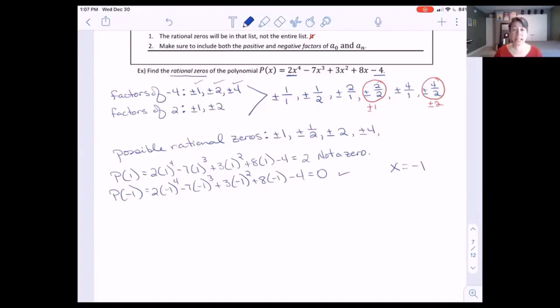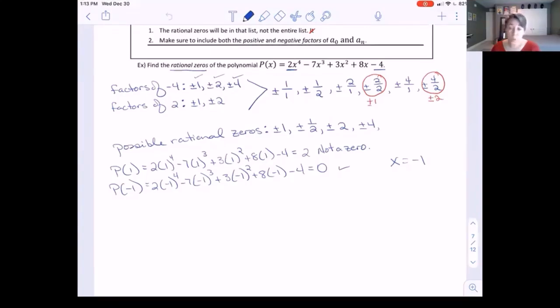Now we can plug in each and every one of those numbers, plus or minus 1/2, plus or minus 2, plus or minus 4, see which of those gives us 0, by using the graph, but also by using the table. If we did, that would give us P of a positive 1/2 equals 0, and P of 2 equals 0. So our rational zeros are negative 1, 1/2, and 2.